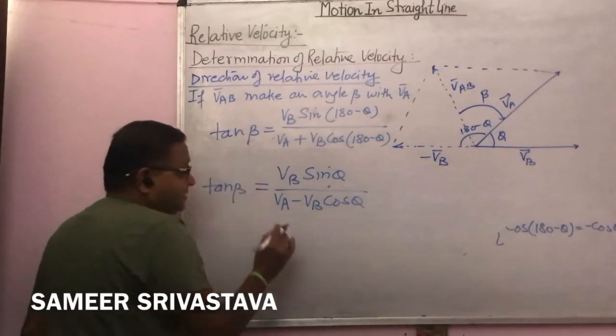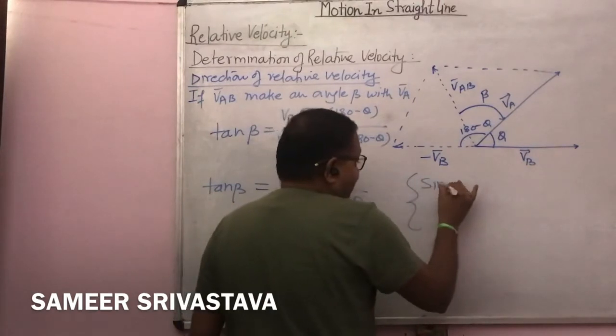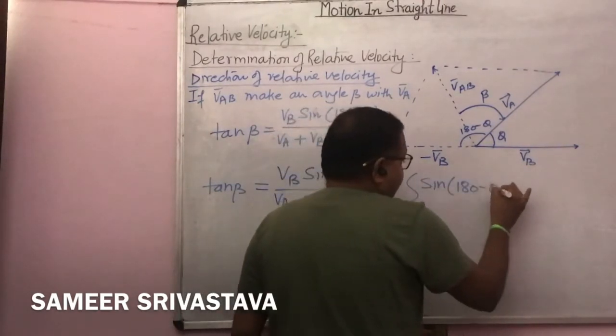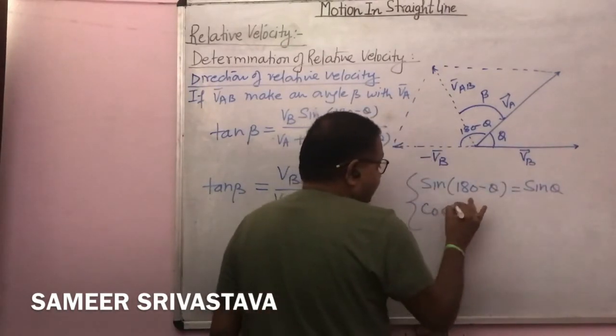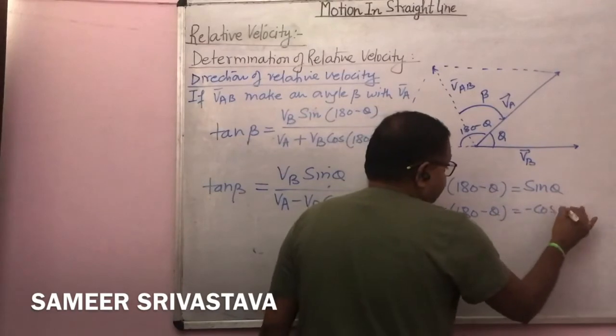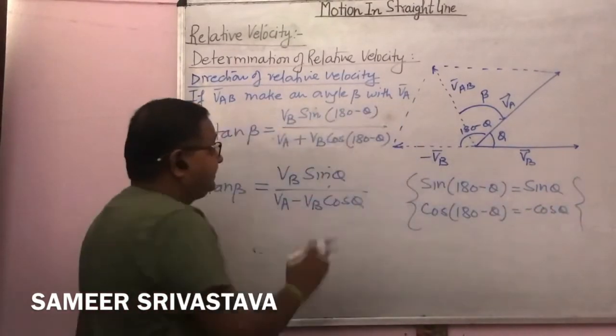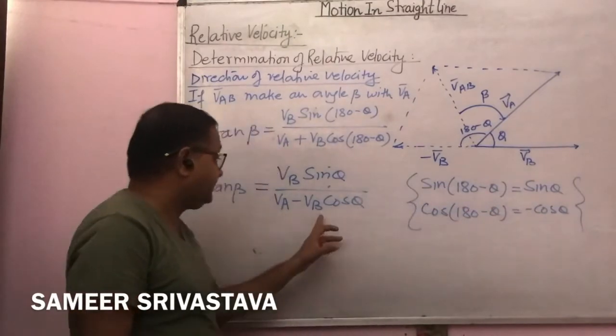How can we write this? As we all know, sin 180 minus theta is sin theta, but cos 180 minus theta is minus cos theta. So put the values here: sin 180 minus theta as sin theta and cos 180 minus theta as minus cos theta.